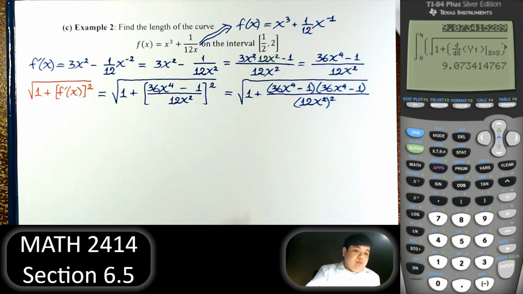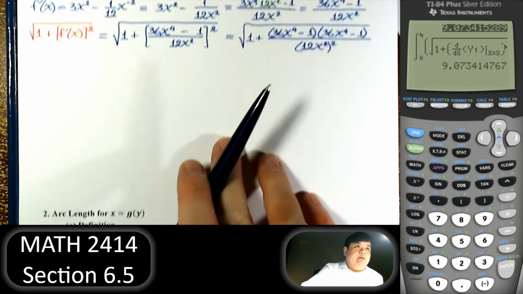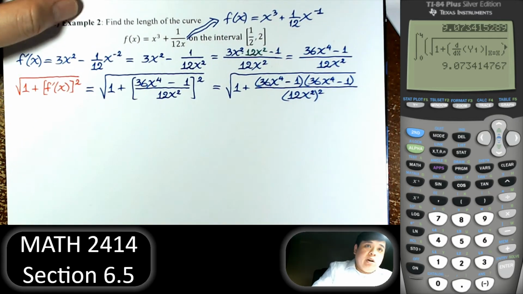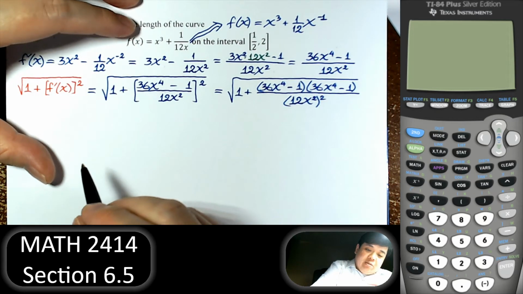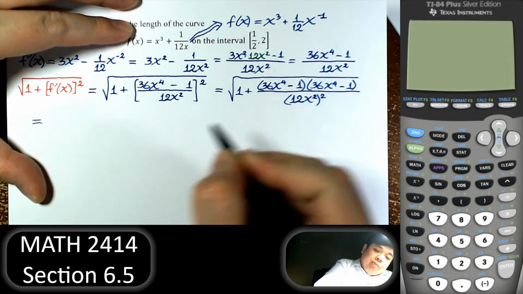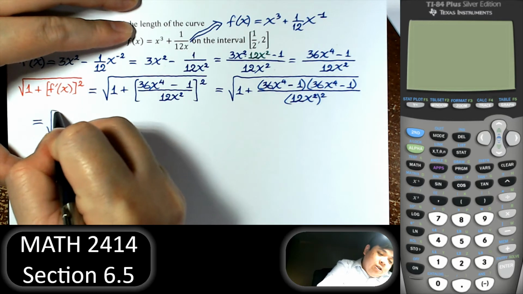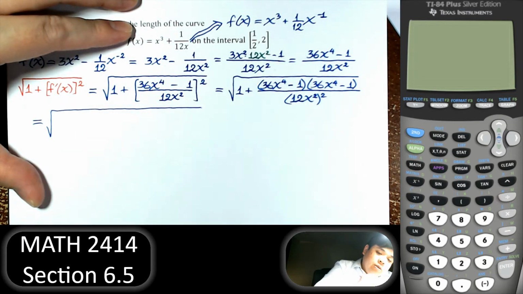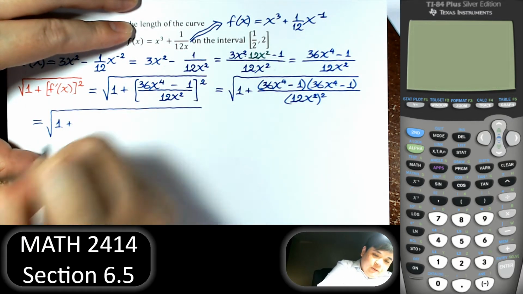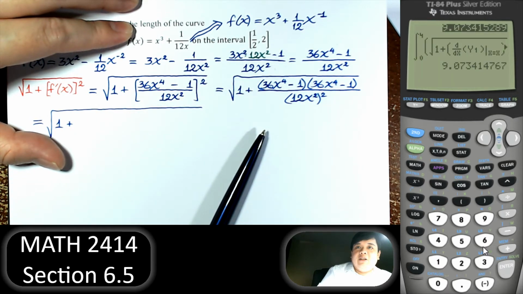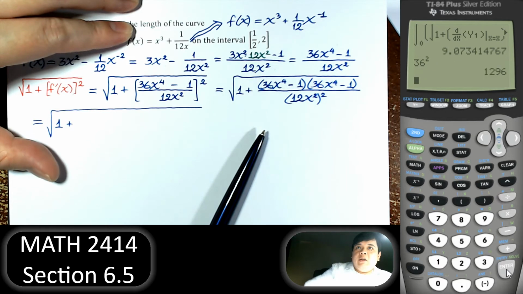Even though I write very small here, I don't think it will fit on the problem here, but at least we have to see the light at the end of the tunnel, so to speak. Right. So that square is 144x to the fourth. So multiply 36 times 36, 1296.